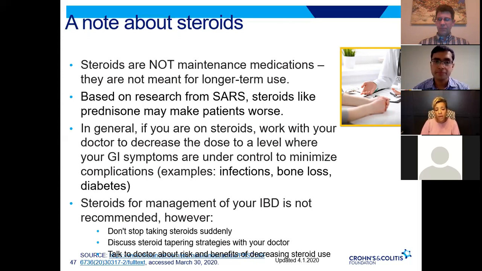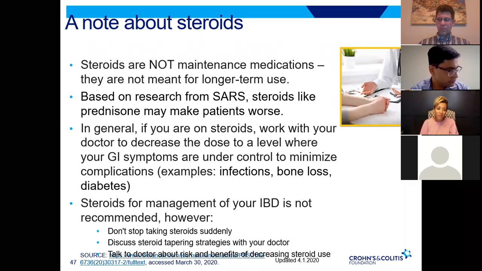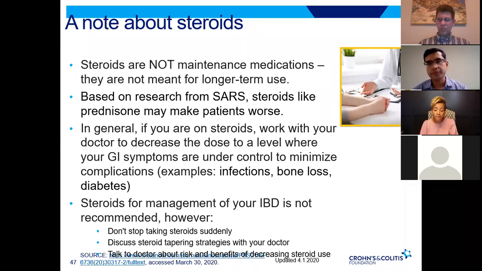But we do know that based on research from previous SARS epidemics, steroids like prednisone can make patients worse. And in general, if you're on steroids, you should be working with your doctor to taper the dose down to a level where your GI symptoms are controlled, to minimize complications, because there are several complications, not the least of which is an increased risk of COVID-19 and worsened outcomes with it.